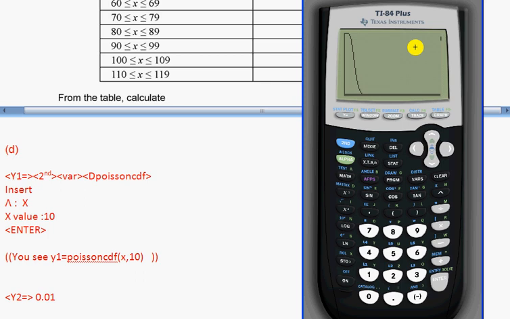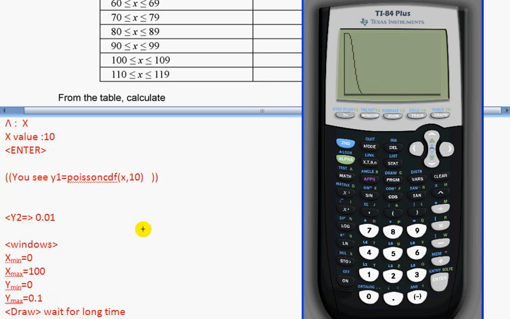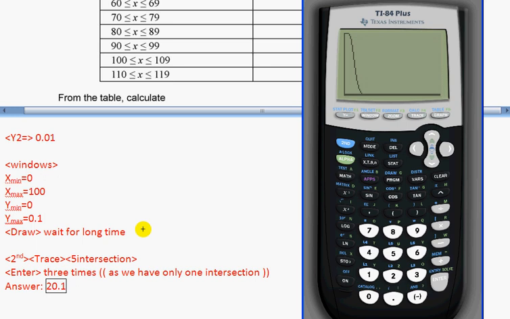Second, trace, intersection 5, first curve, second curve, guess, works, thinking. And the answer is 20.1.